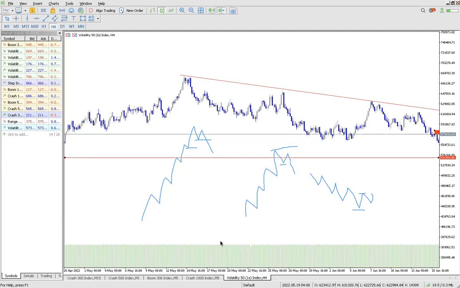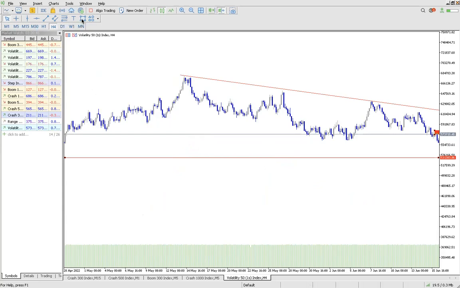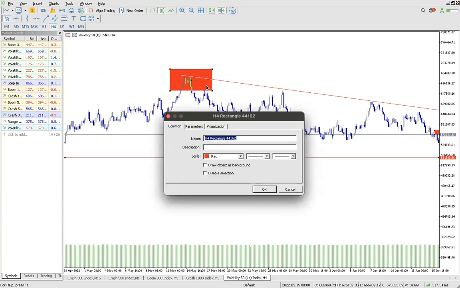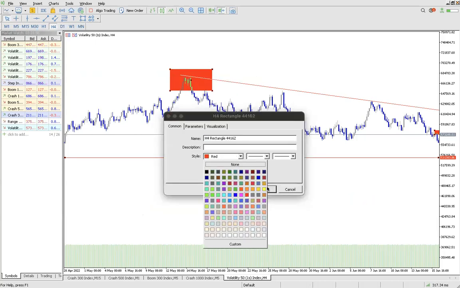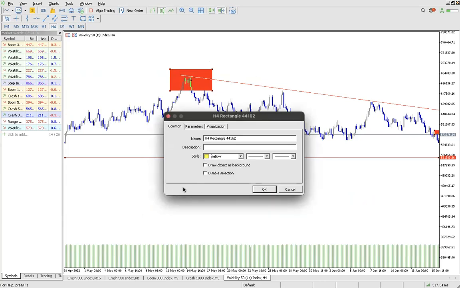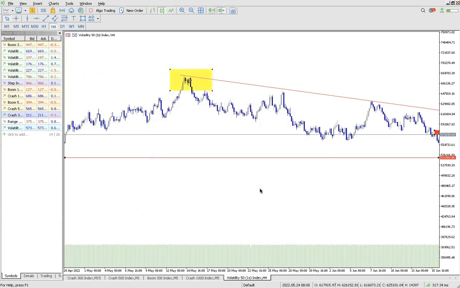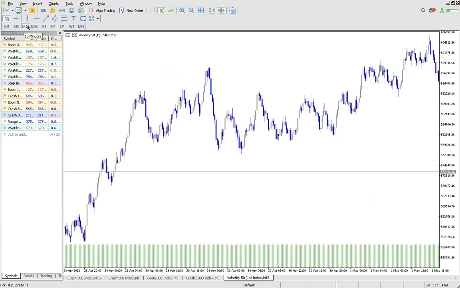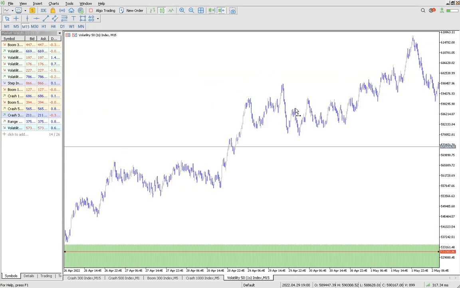I'm calling this an M because even if I go into my smaller time frame, let's mark this area. This area is our point of interest here. Let's mark this whole area. Let's color it in yellow so that we can all see. Okay, like this.